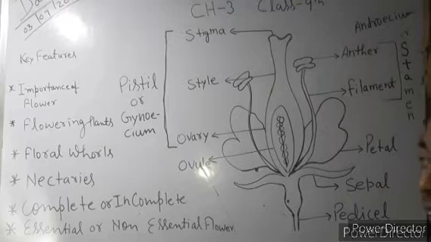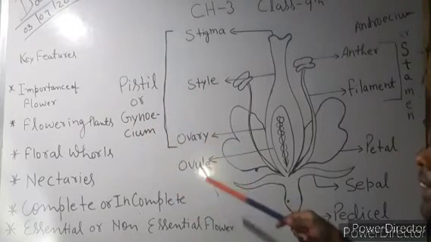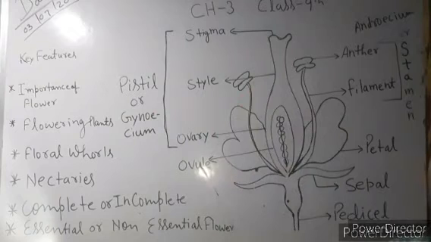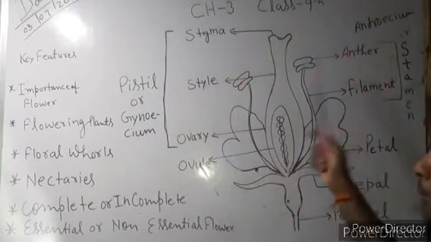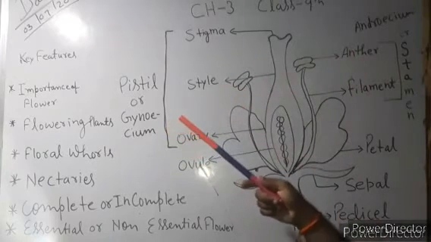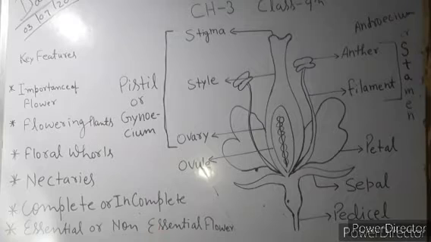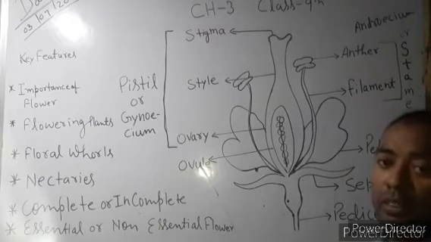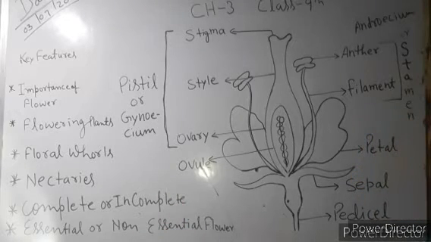It is the most important part of the flower. Why do we call it that? Because if these parts are not there, there is no reproduction or fertilization. So it is the essential part of the flower.